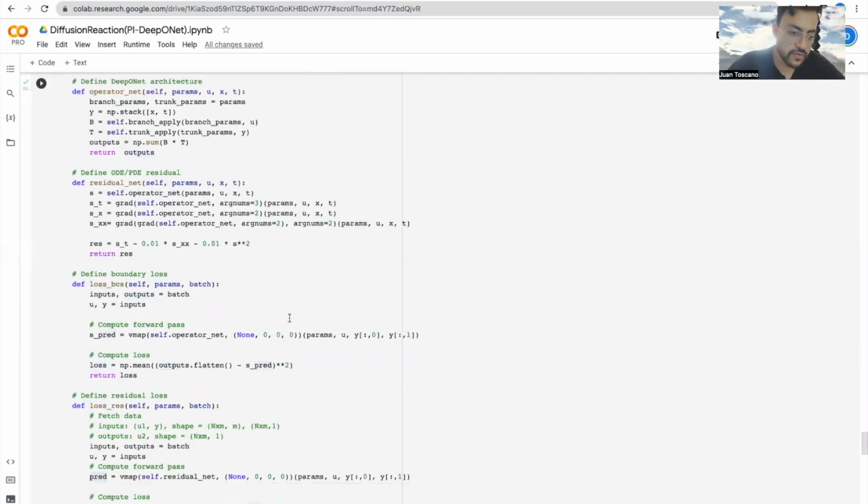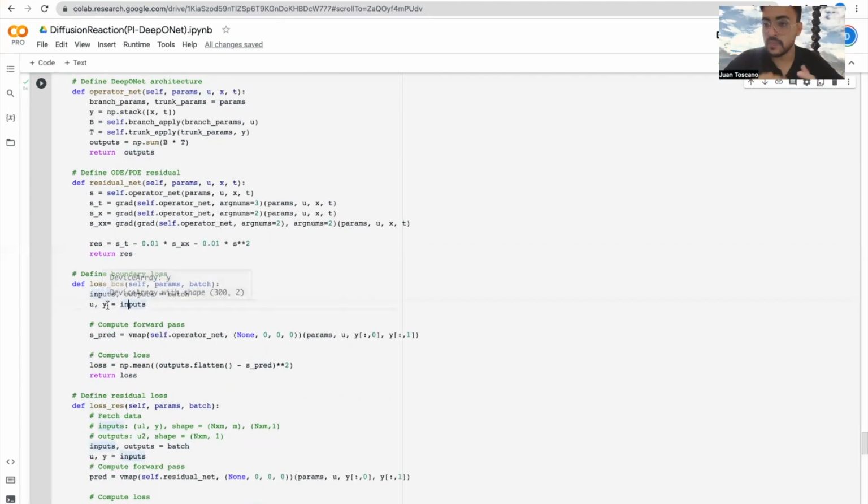So for the loss of the boundary conditions, we do something pretty similar. We take the parameters and the batches from the boundary conditions. We isolate what is input and what is output. The inputs would be u and y. That's the input of the operator, and the output in this case is 0. Remember, because the solution of our partial differential equation evaluated at the initial boundary conditions is 0.